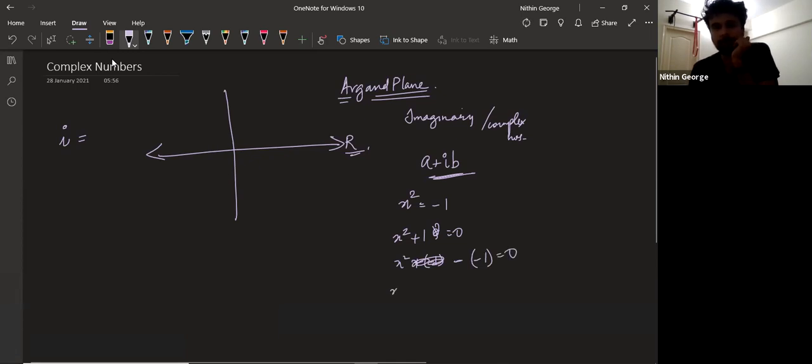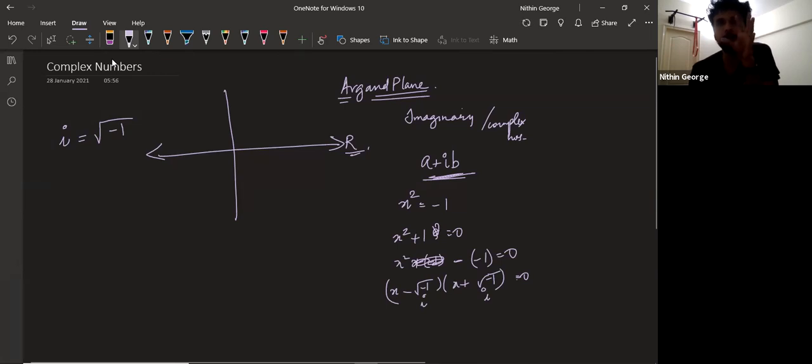Then it becomes x minus root of -1, x plus root of -1 equal to 0. From then on, they started calling this root of -1 as i. We say a quadratic has two real roots or two imaginary roots. This is where it comes from. Once you have the number in a plus ib form, you say the number is imaginary.